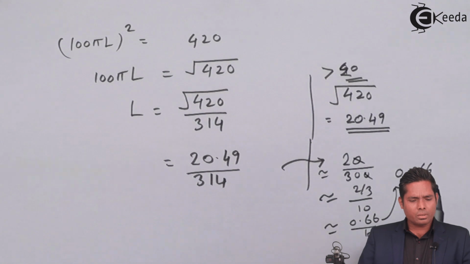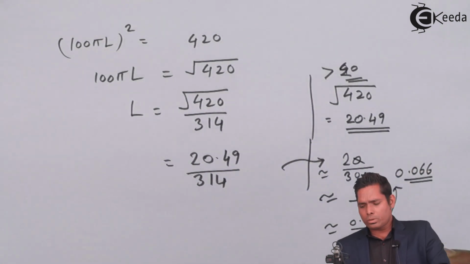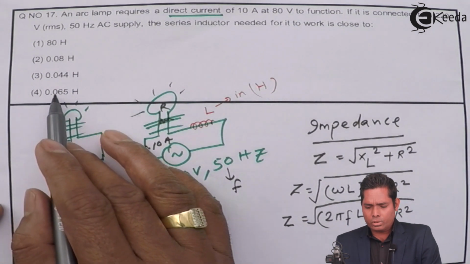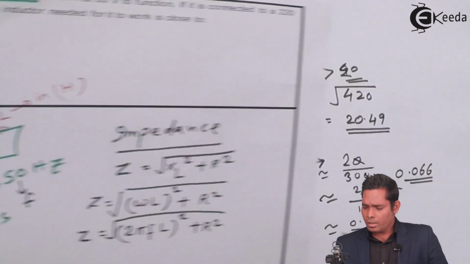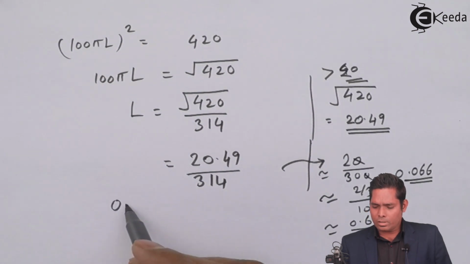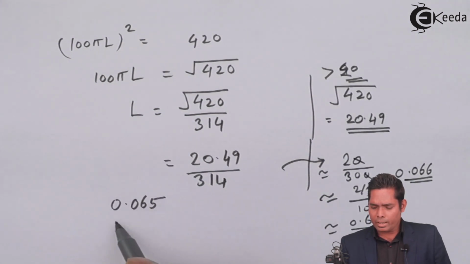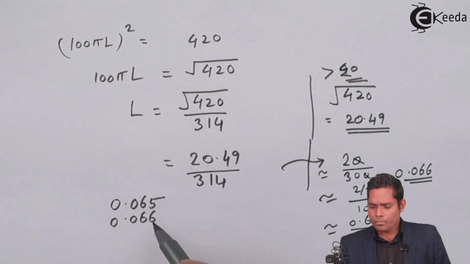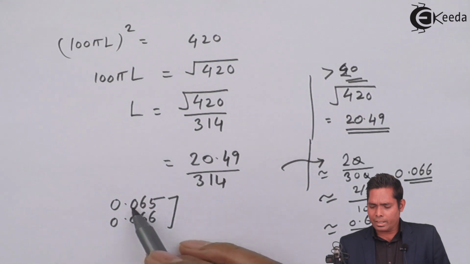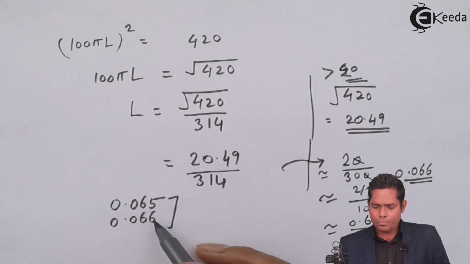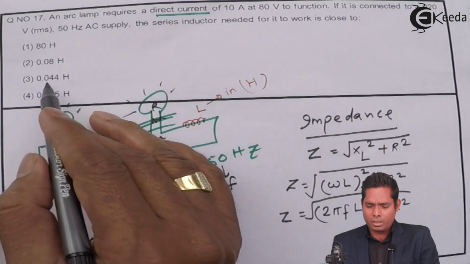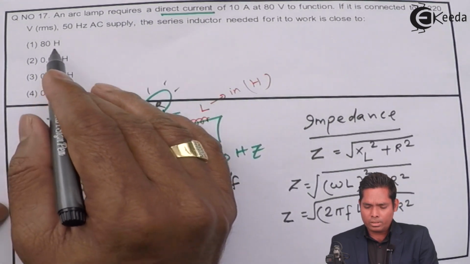If I see the options, there are close values, 0.065 is here, and we are getting 0.066. The answer given is 0.065, and we are getting 0.066. Even if you go by this calculation, you are getting 2 digits correct. This is nearly correct, and the other options are not in the close range of this.